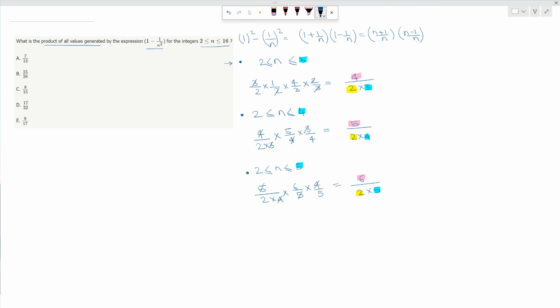So if n is between x and y, the output is in the form of y plus 1 by x into y, because as we saw here, if this is y, the numerator would be y plus 1.